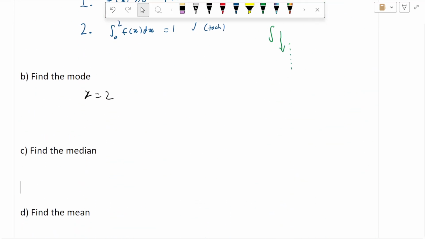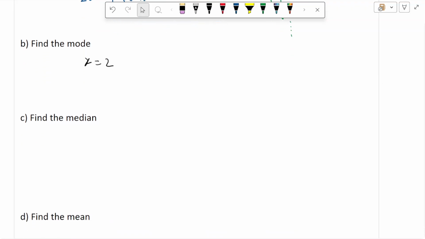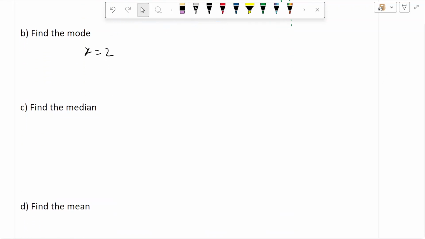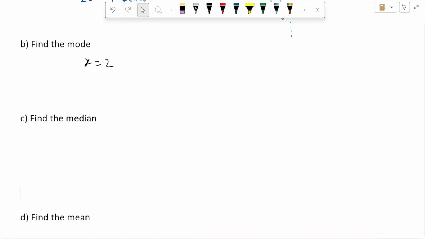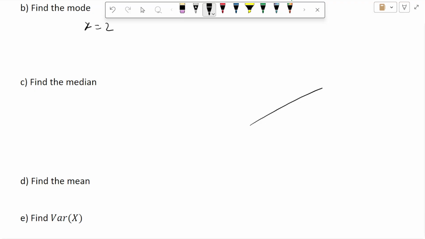Okay, find the median. Median is always the worst one to find. You have to do the integral by hand. So basically what we want to find is the m value such that when I do the integral, it catches exactly half the area.